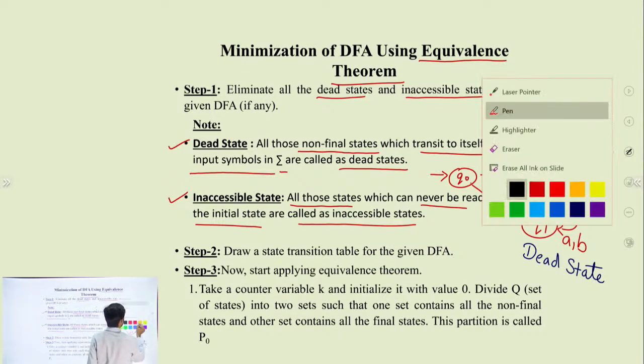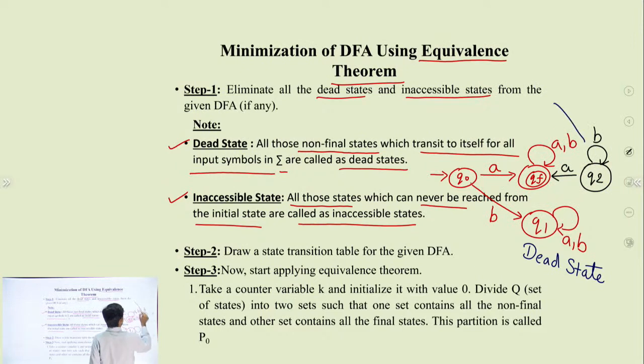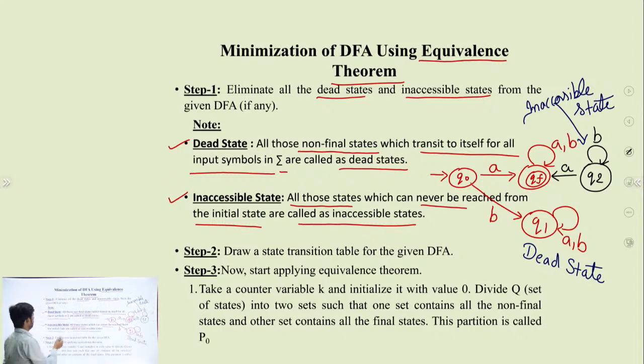So dead states are all non-final states which transit to themselves for all input symbols, and inaccessible states are all those states which can never be reached from the initial state. The example is shown here.